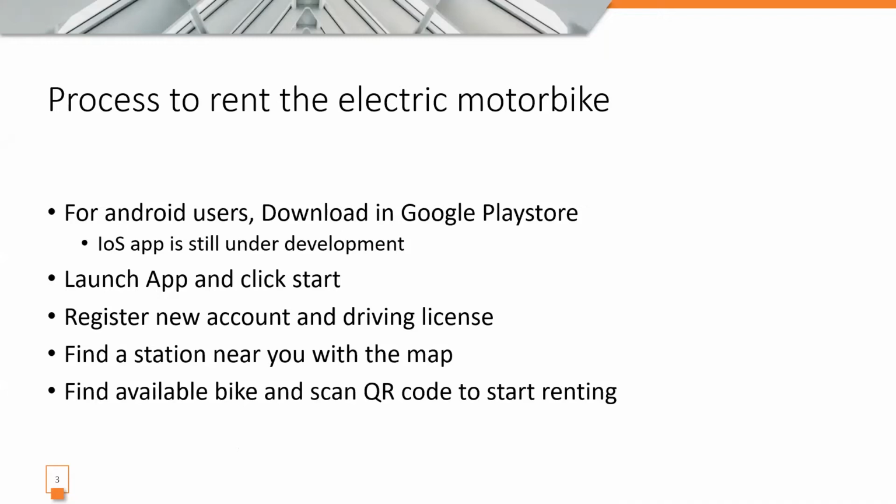Once you click Start, you can register your new account, and you have to take a photo of your driving license to complete the registration. Afterwards, you can find a station near you with the map, find an available bike, and scan the QR code that is attached to the bike to start renting.